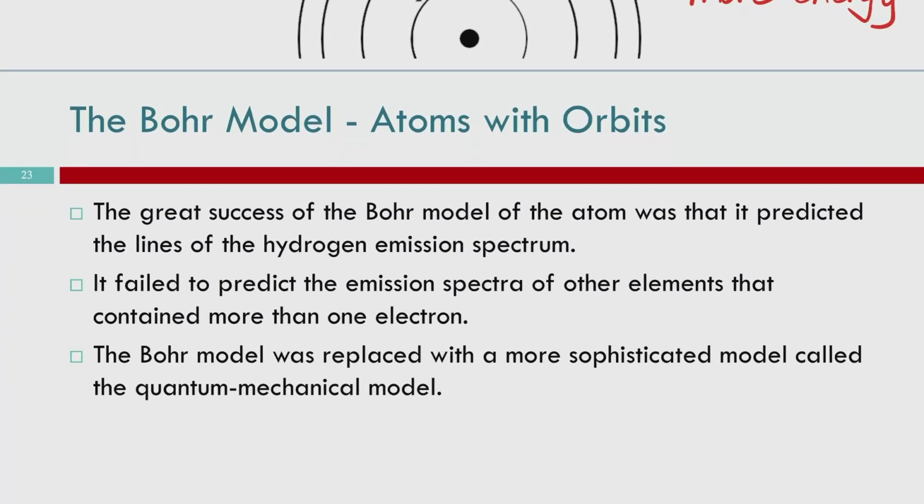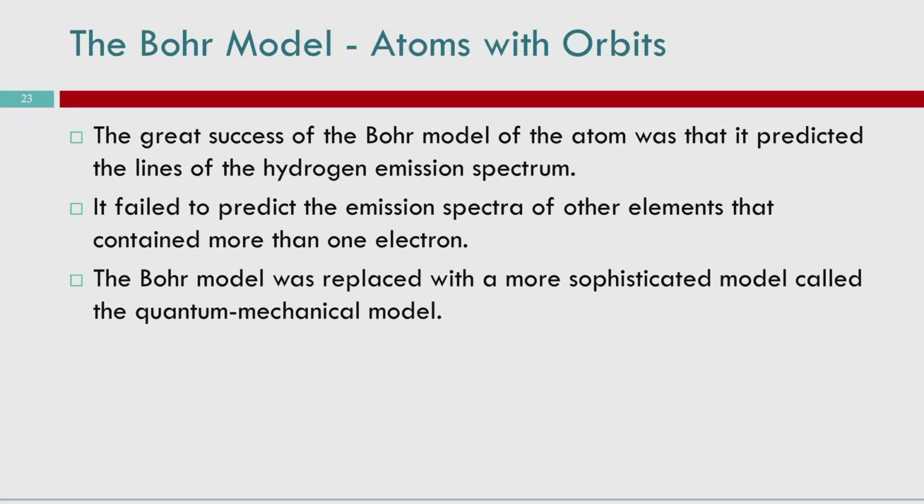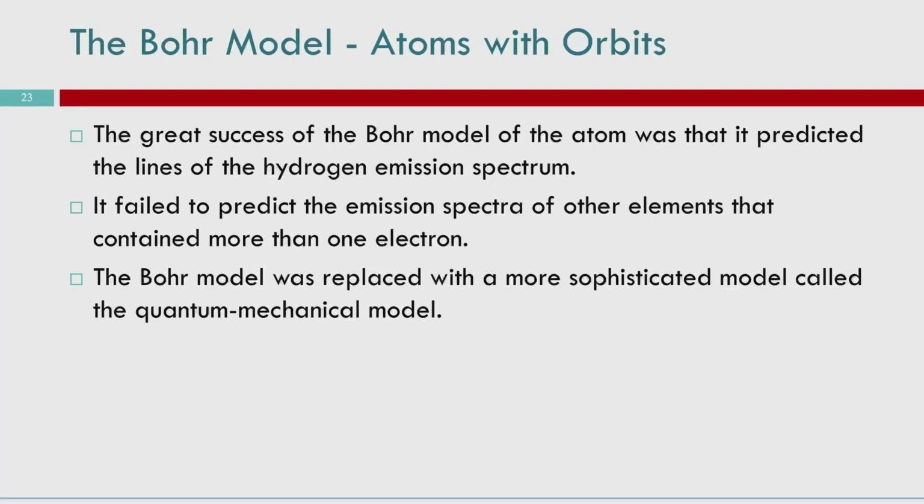One of the things that was really great about the Bohr model, notice we're using the past tense, this isn't our current model, but what was great about the Bohr model is that it predicted the lines of the hydrogen emission spectrum. So it didn't just say, yes, this fits with the lines that we're seeing, but it can actually be used to predict them as well. However, it only worked for hydrogen.